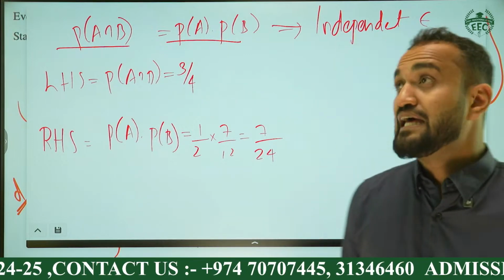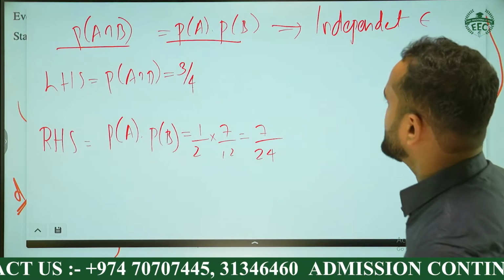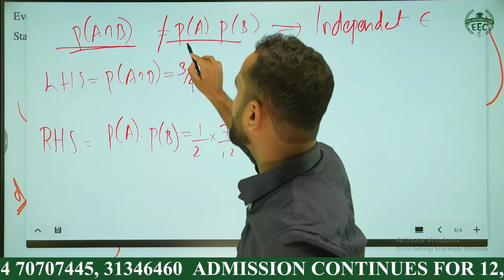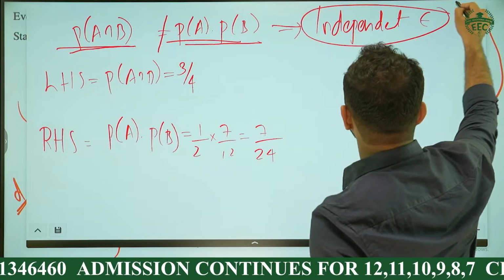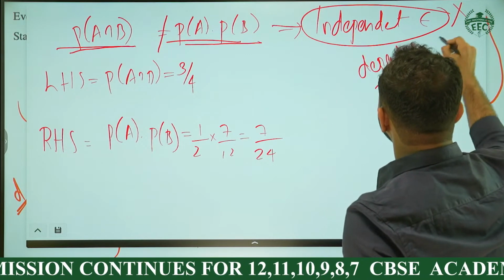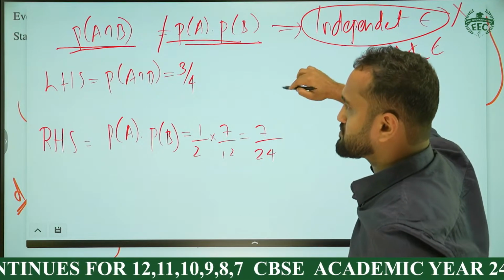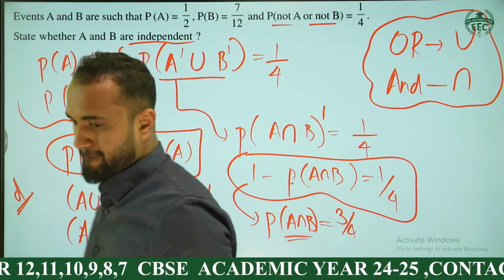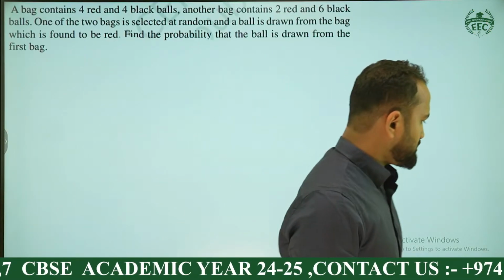No. In that case, I can say that P of A intersection B is not equal to P of A into P of B, which means that they are not independent. It means that they are dependent. People, what we are learning is the condition for independency, not dependency. Got the point? All right. Next question.